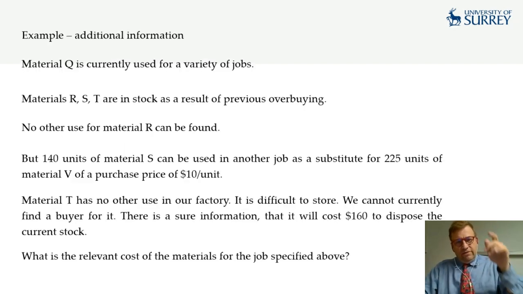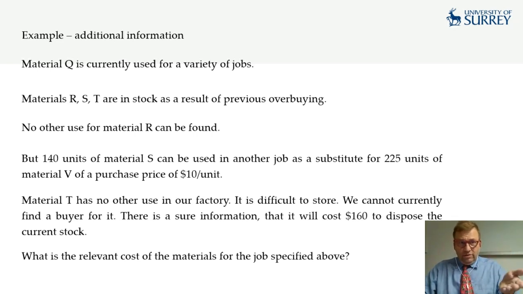And then we have this additional information. And everything in this additional information is very important in our calculation, because it's important that the Q is used currently in every one of our jobs.